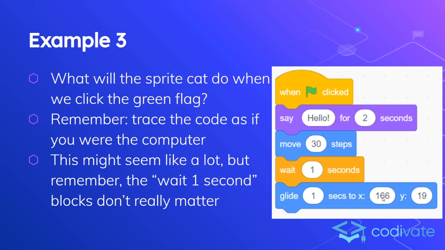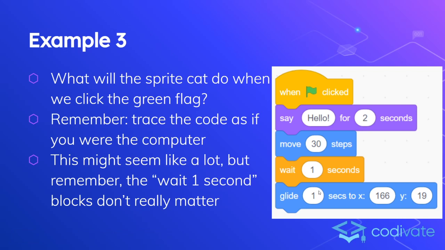So this 166, 19 means if you start from the middle, you'd go 166 to the right and then 19 up. So that's where that point is. So the cat, wherever the cat is on the screen, it's going to smoothly go to that point, this 166, 19 point.